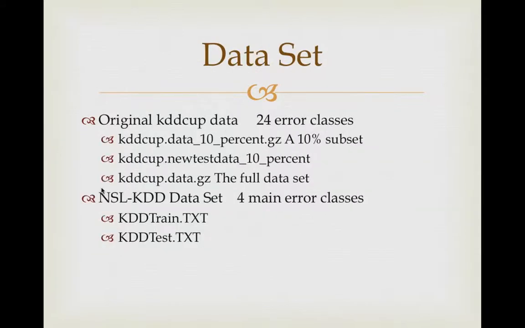Well, to build the model, I have to use a dataset. I've been given the original kddcup data. It includes 24 error classes in the training samples and 16 types of attacks in the test samples.